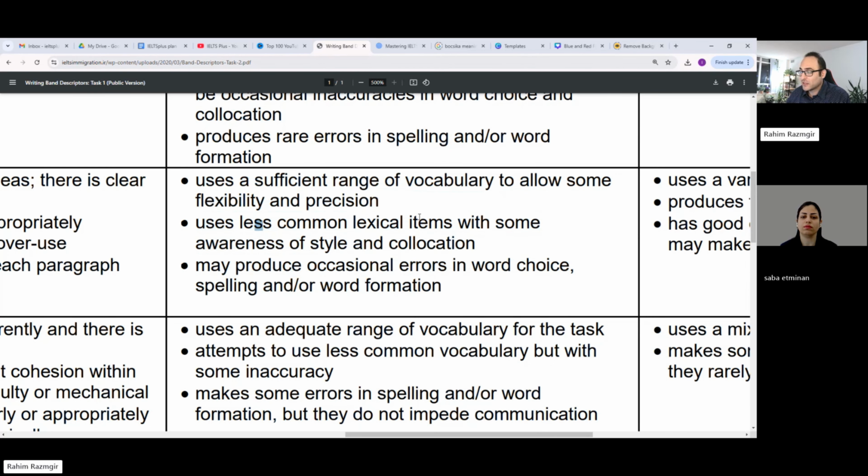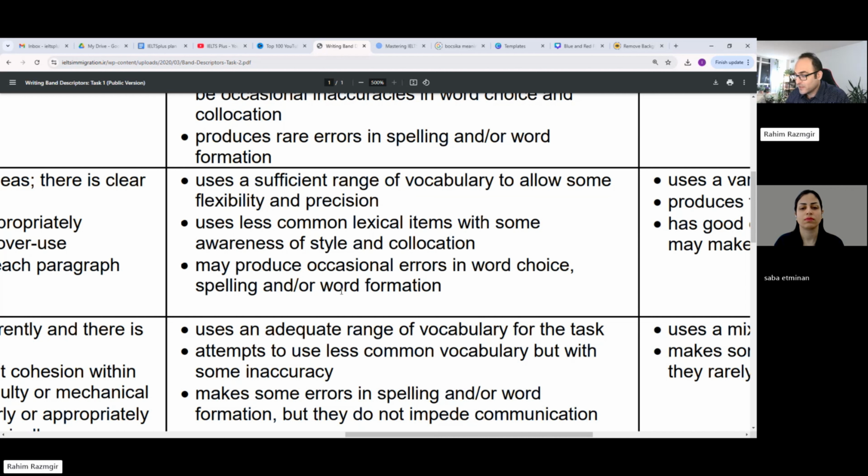Uses less common lexical items with some awareness of style and collocation. So you might make mistakes. However, you show that you are comfortable using less common lexical items or words. You may produce occasional errors in word choice, spelling, and or word formation.